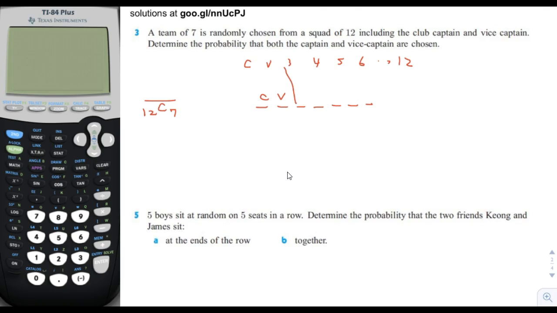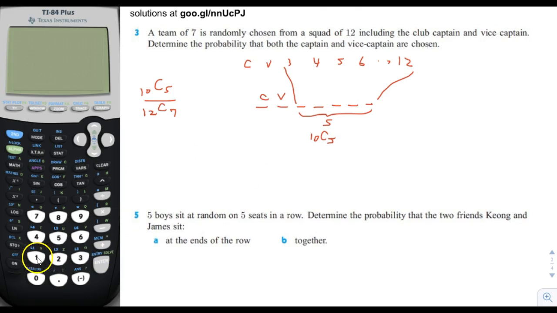And then the other positions are going to be filled by players 3 through 12, of which there are 10 players, right? So basically the number of ways these 10 players can fill the remaining spots, and how many spots remain? There's 5. That's basically 10 choose 5, right? So the numerator here would be 10 choose 5. The denominator would be 12 choose 7.